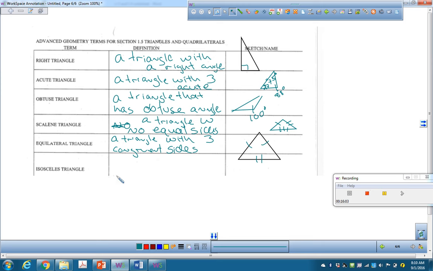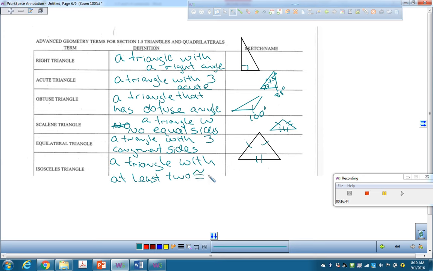So is an equilateral triangle isosceles? Is an isosceles triangle equilateral? Not necessarily, right? So to clarify Trevor's definition, I would say a triangle with at least 2 congruent sides.